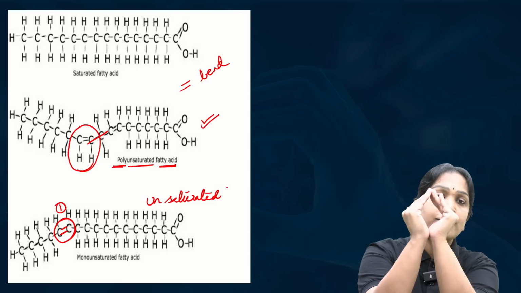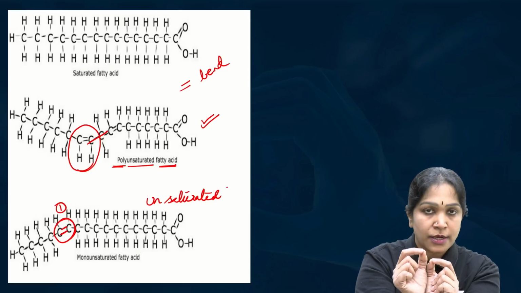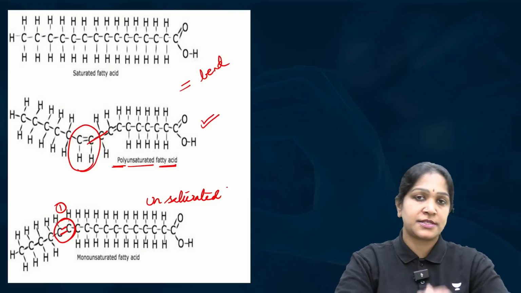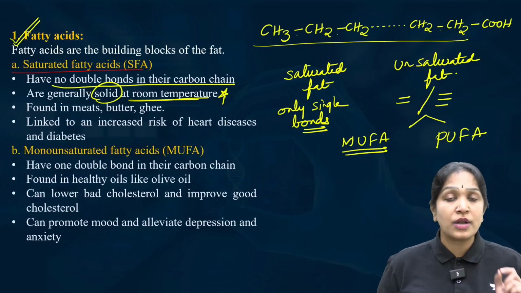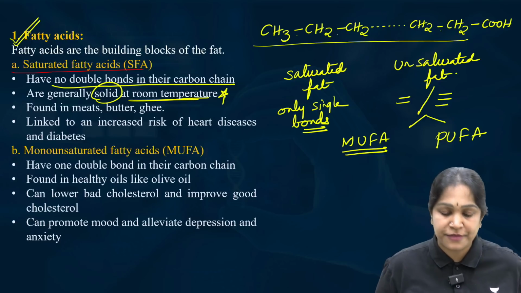So it is easy to disturb its structure, meaning you need less heat to melt it, or less effort to digest it. So from common sense we can understand that the saturated fats are not very healthy for us, whereas unsaturated fats are healthy for us.